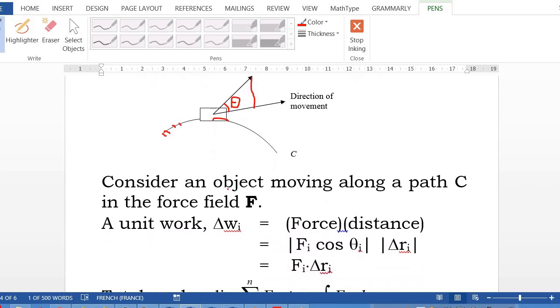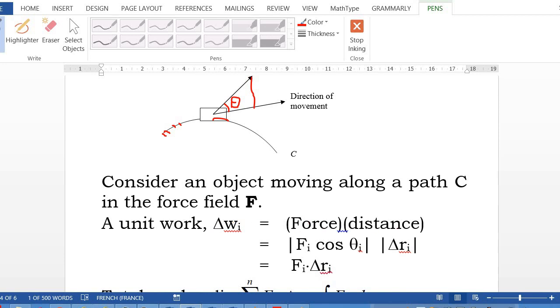Then we consider an object moving along a path C in the force field F. A unit work, delta Wi, is the force multiplied by the distance.